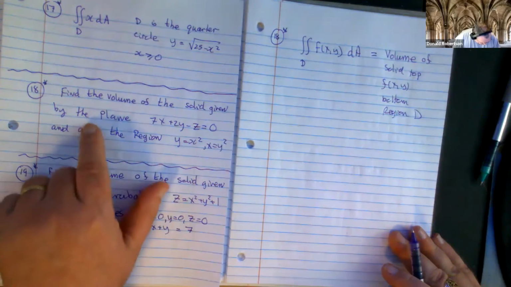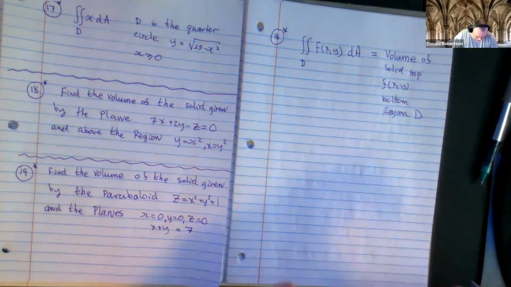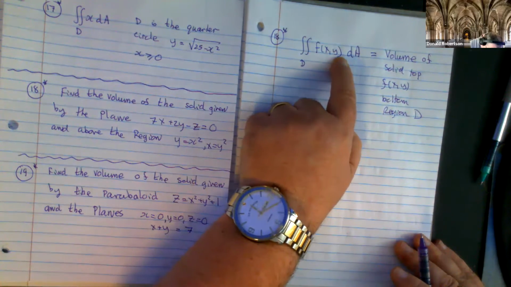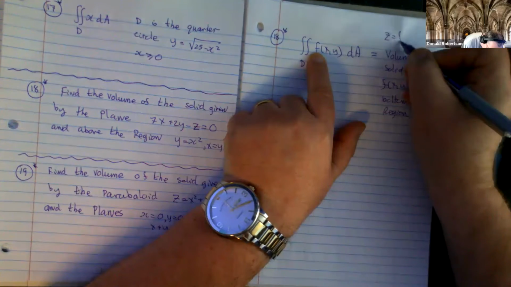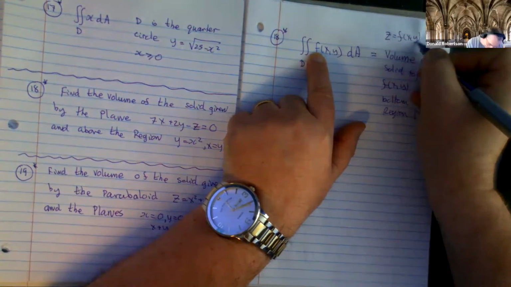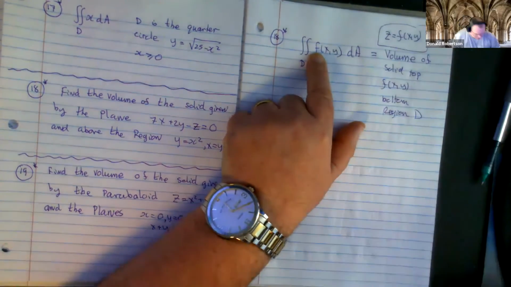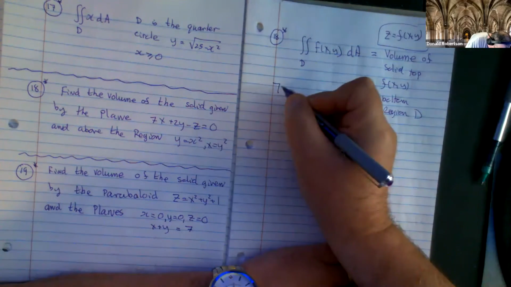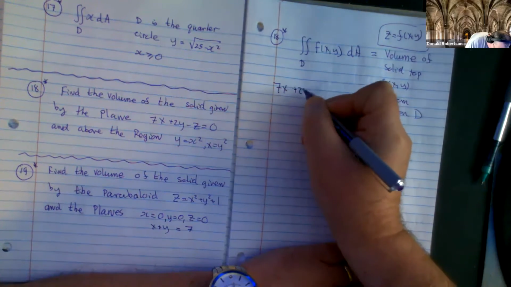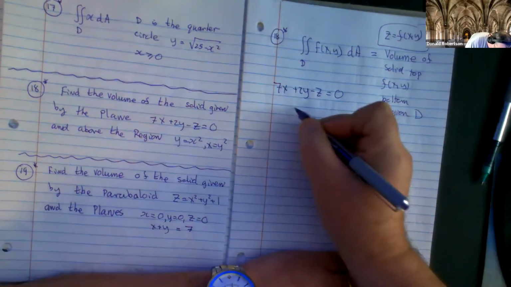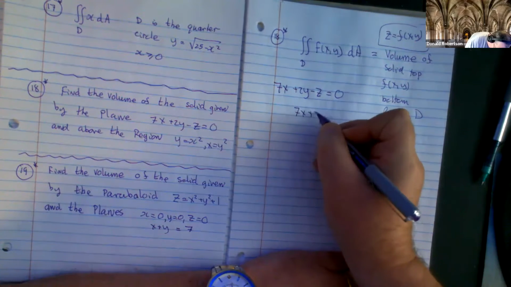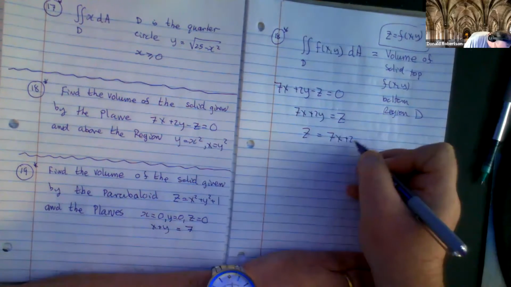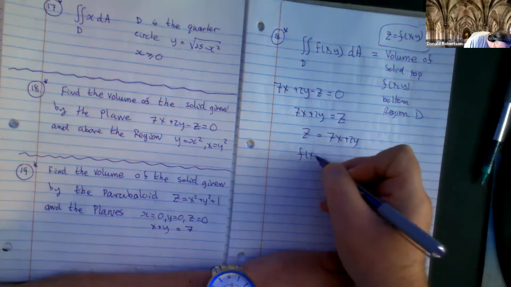So in this question here, we have to just figure out a little bit more than before. We need to know who this guy is. But I want you to always think that z is who f of xy is. So when you tell me that the plane is going to be 7x plus 2y take away z equals 0, if I rearrange that a little bit by adding z to both sides, can you see that I now know who my f of xy is?